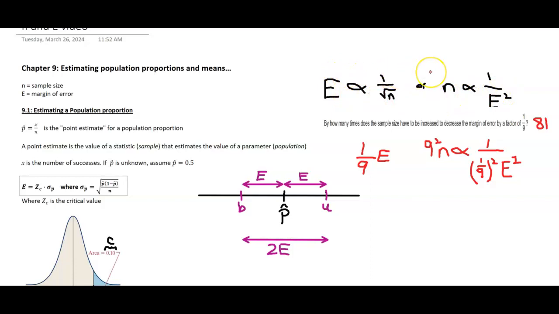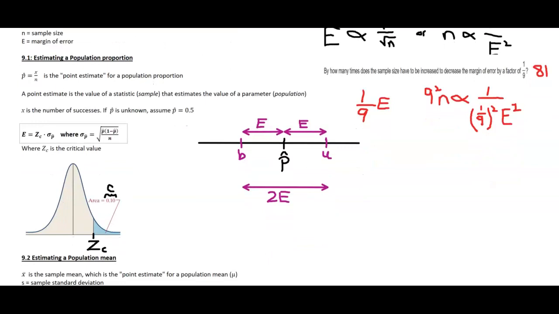So this relationship works for estimating population proportions or estimating population means. If we want a smaller margin of error, so a factor of 1/9 means I would make this smaller, then I need way more samples. I need a much larger sample, I'm sorry.